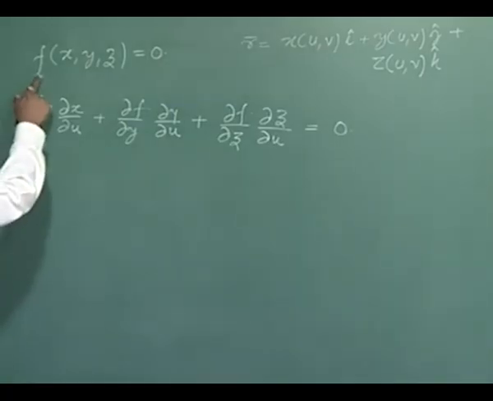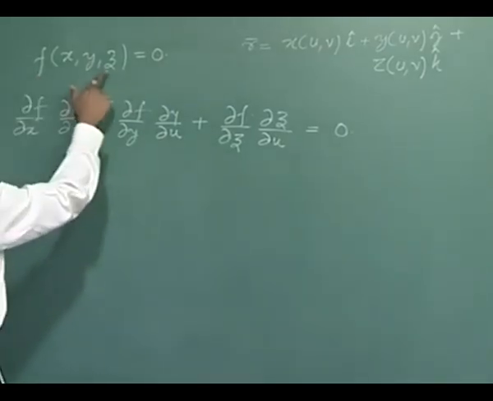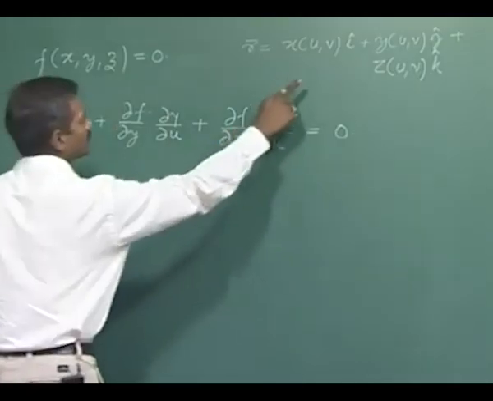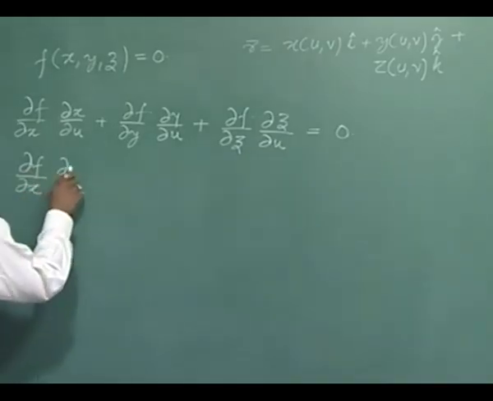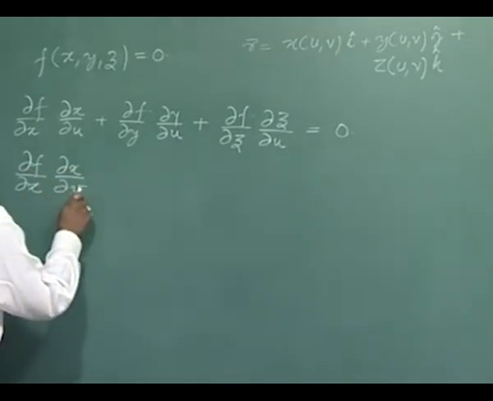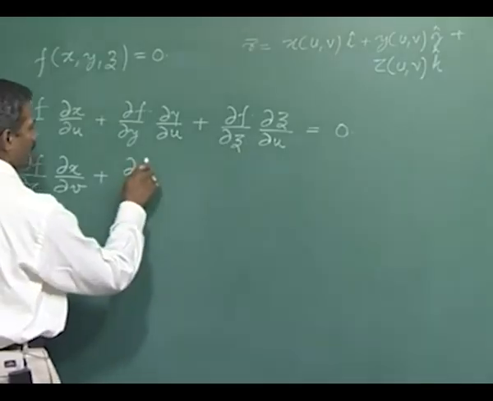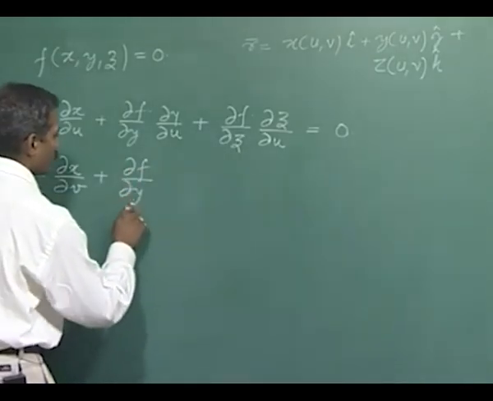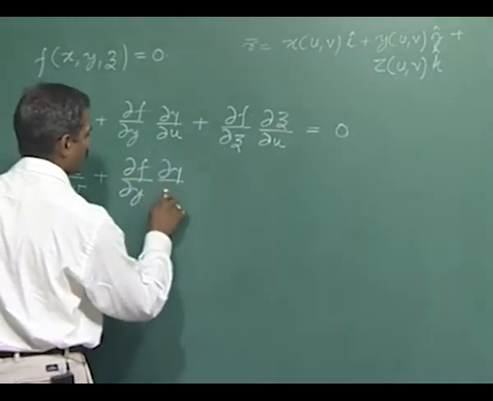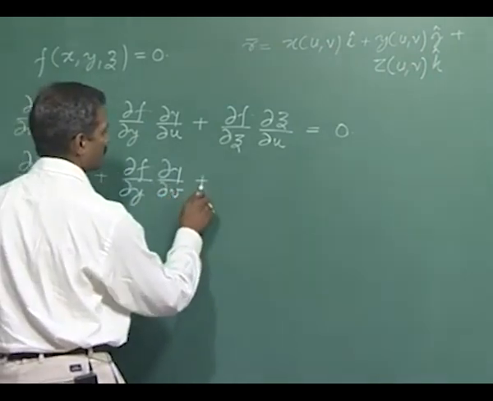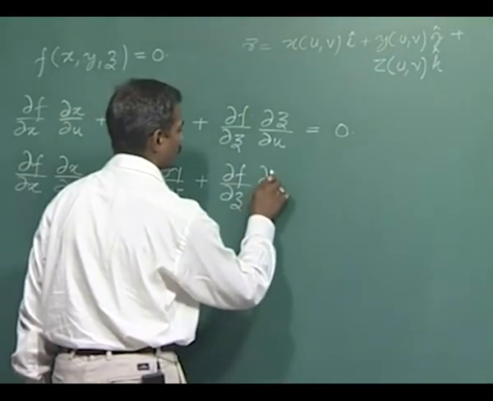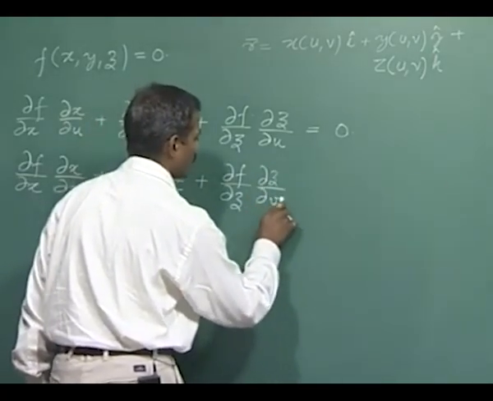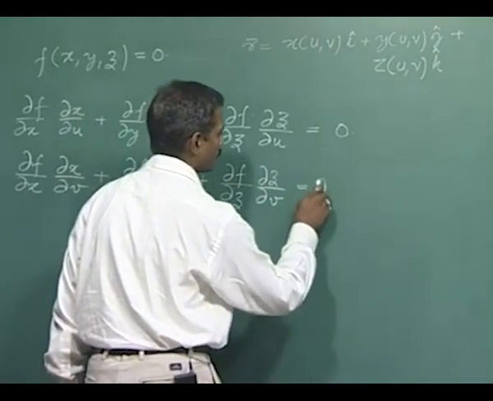Likewise, let's differentiate this equation with respect to the second parameter, v. Partial f over partial x, partial x over partial v, plus partial f over partial y, partial y over partial v, plus partial f over partial z, partial z over partial v is also equal to 0.